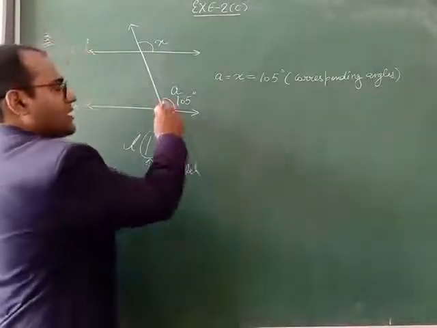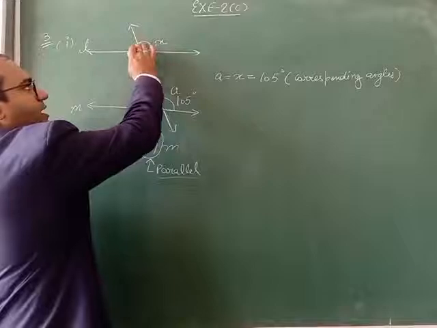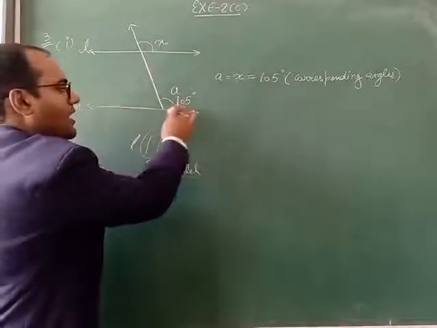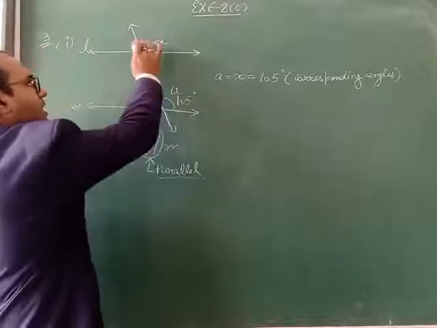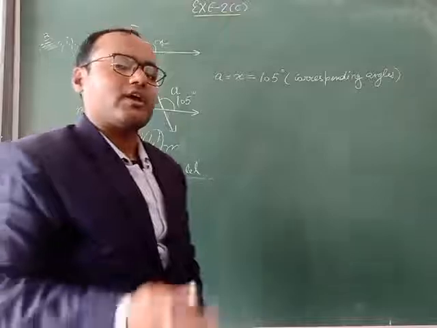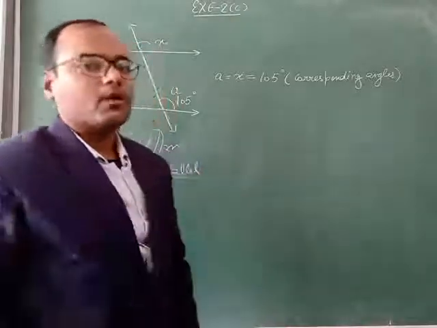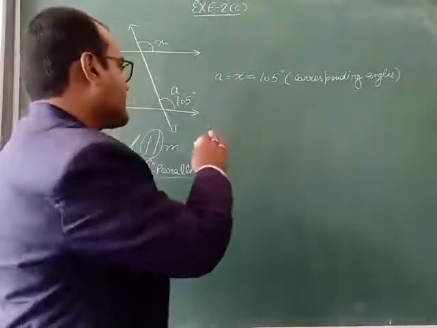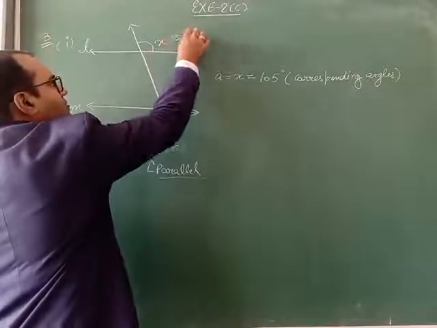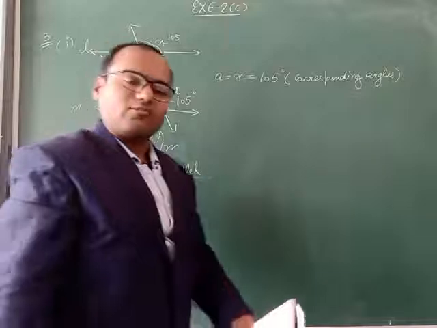Like here, this angle A and this angle X are on the right hand of the transversal, and this angle is above the parallel line and this angle is also above the parallel line. So such angles are equal to each other and we will call them corresponding angles. So that's why A answer is 105, so X answer will also be 105. This is the answer of your first part.